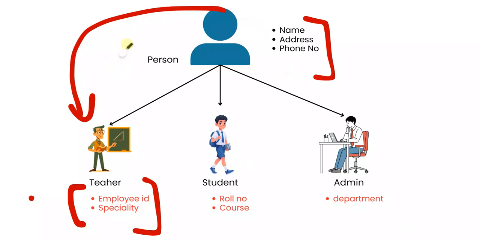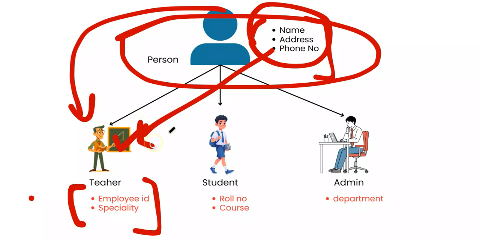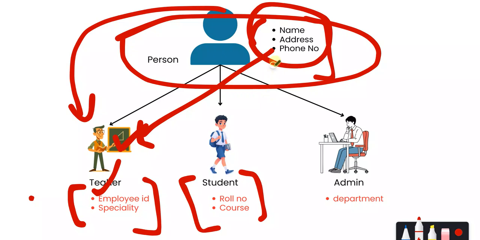We can create, as you can see over here, a person class, and at the person level, we can define all the data members which are common to everyone. After that, we start deriving classes from the parent class, and the derived class will automatically get all the data members from the parent class. We will also add some data members which specifically belong to the teacher.